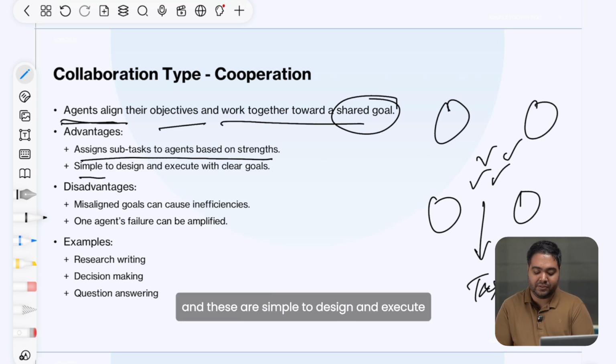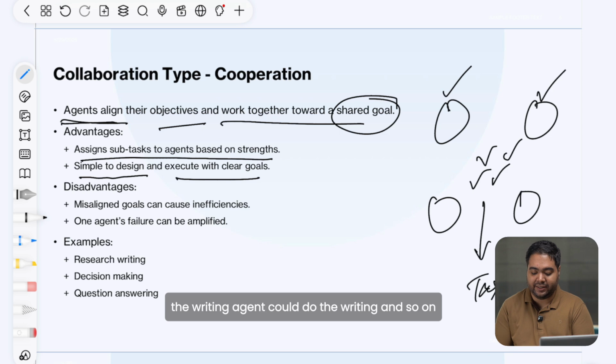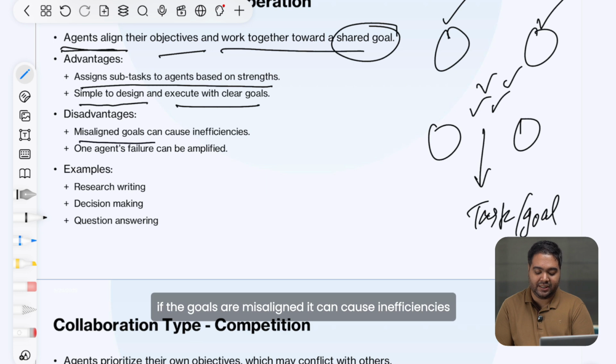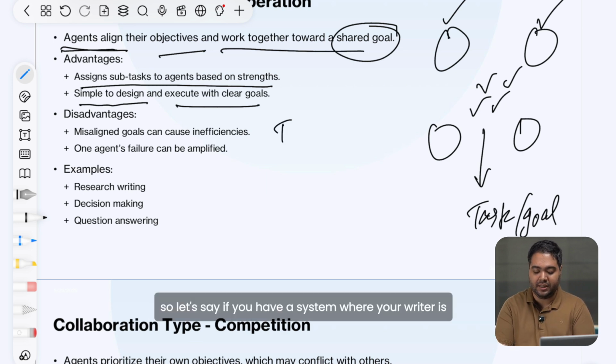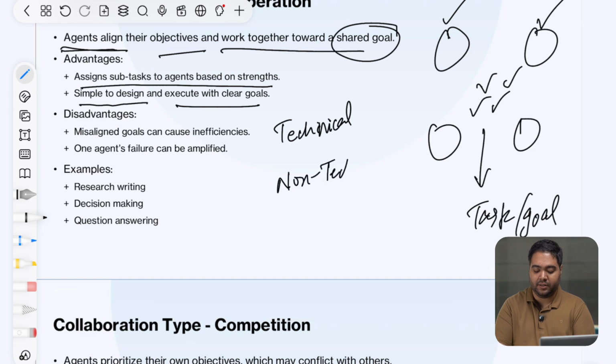And these are simple to design and execute, because again, we could have the research agent doing the research, the writing agent doing the writing, and so on. However, there are also disadvantages with the system. If the goals are misaligned, it can cause inefficiencies. So let's say your writer is supposed to write in a technical manner, but your reviewer is supposed to review it in a non-technical manner.